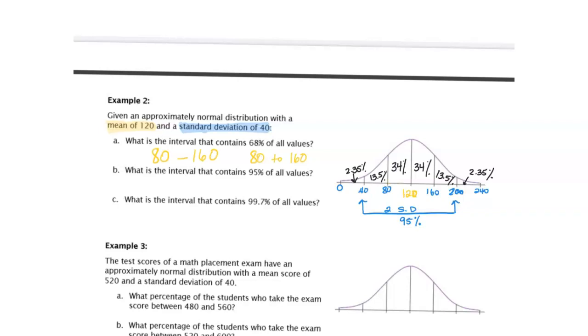Visually, that means that we've added these percentages up: 13.5%, 34%, 34%, and 13.5%. So that's 95% of our data. To answer our question, they said, what is that interval? So that's between our 40 and our 200. So our answer is 40 to 200.